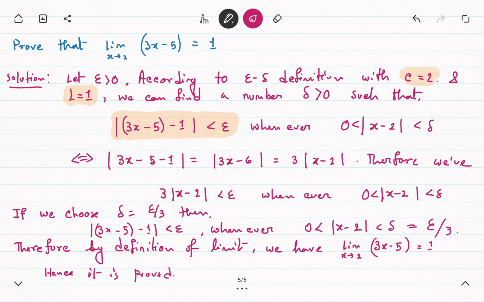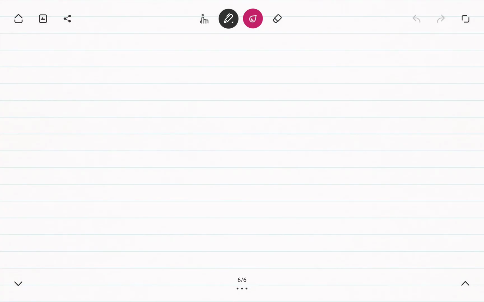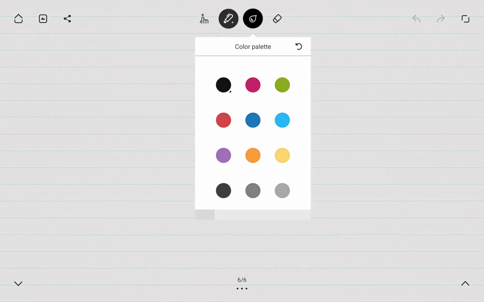Before we close this section, we give a very important result in limits called the uniqueness theorem. It says that the limit of a function is unique if it exists.